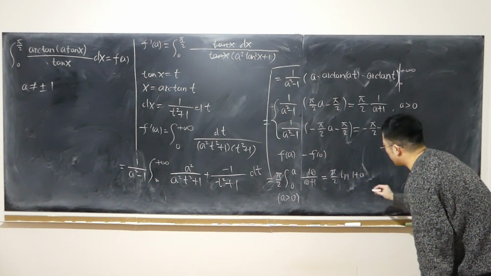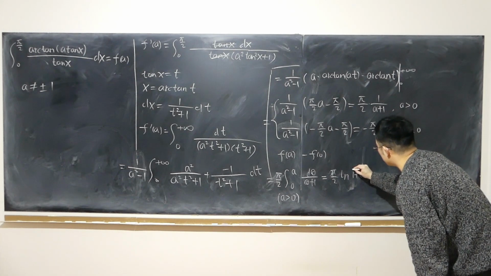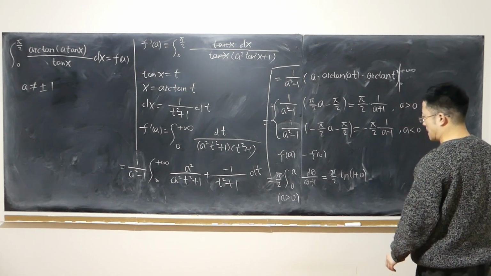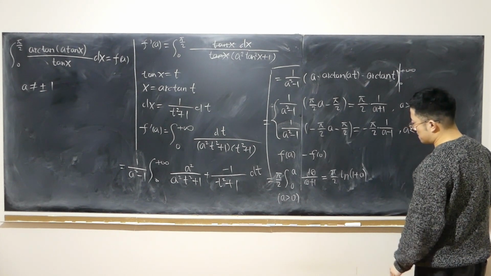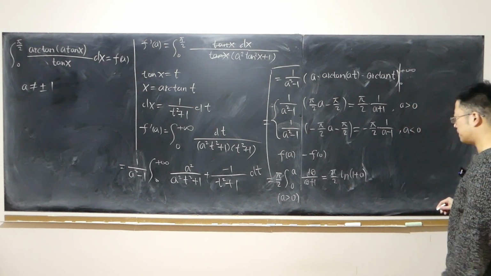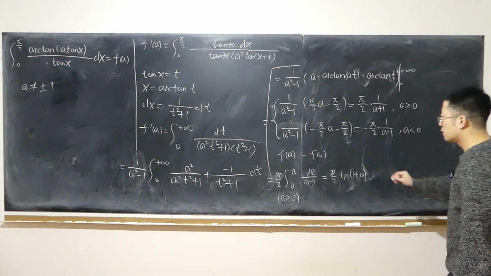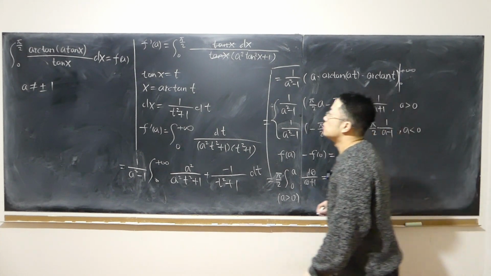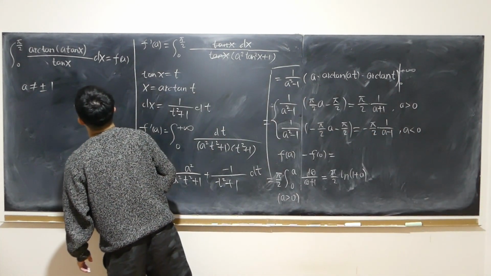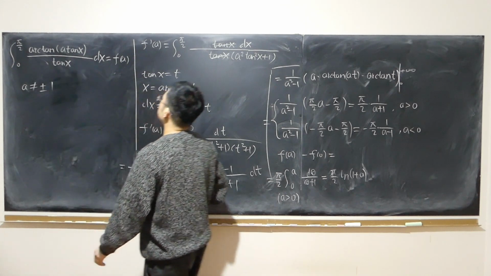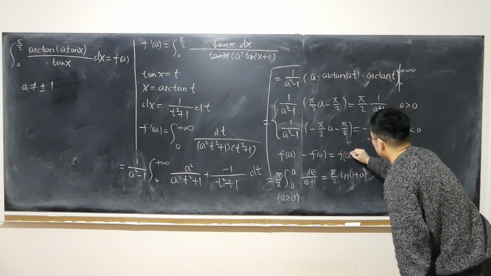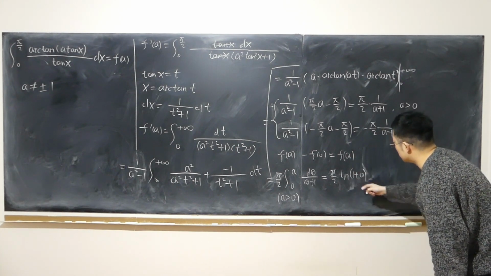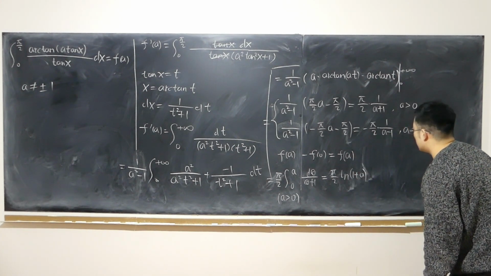Don't need the absolute value because everything is already positive. Log of 1 is just 0. And also f of 0 is what? f of 0 is 0. So that is just f of a. And when a is positive, it is equal to this.